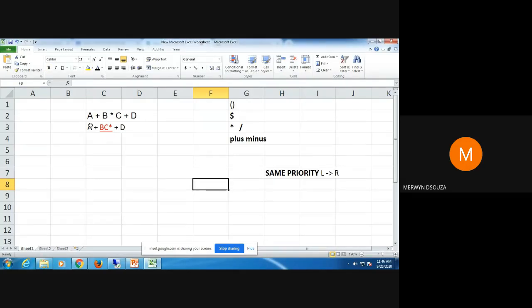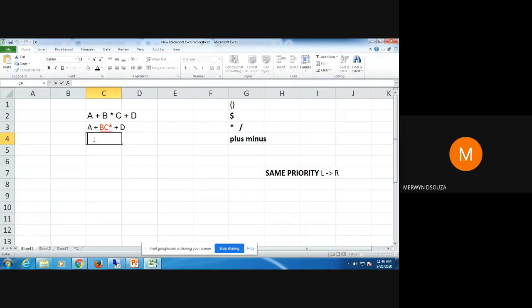So now that means I'm going to solve this portion first, this much. This is one operand for plus and the other operand for plus is this. So this plus this.